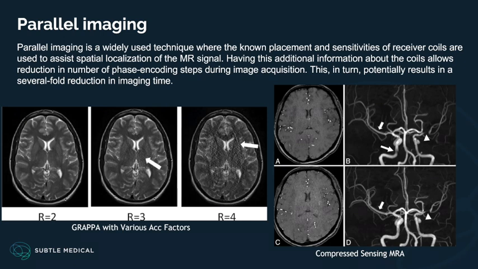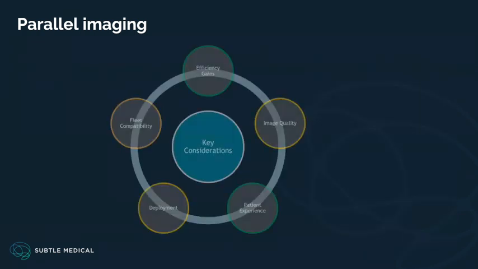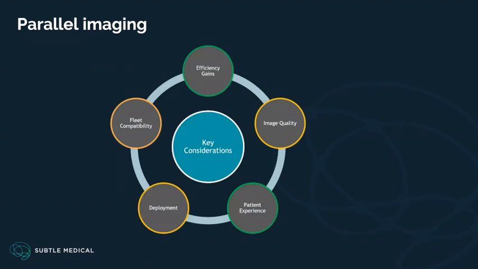So there is a wide array of techniques available, and a lot of these techniques are very robust. They have been in the field for nearly 2 decades. They have been improved and optimized, and most of these techniques are provided by the vendor solutions. So in terms of parallel imaging, they do allow you to gain efficiency and performance. I did not highlight the image quality as high because as you increase the parallel imaging or acceleration factors, or go for higher efficiency, the image quality can suffer depending on what coils are used.